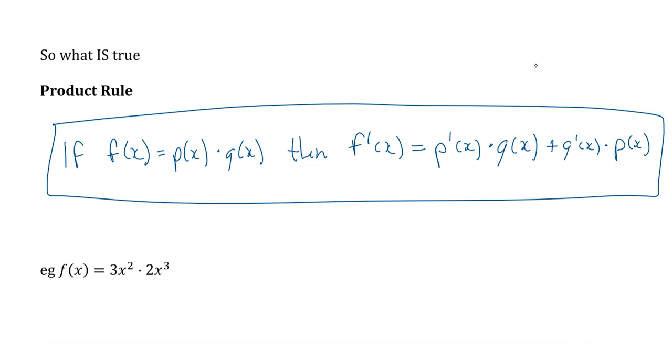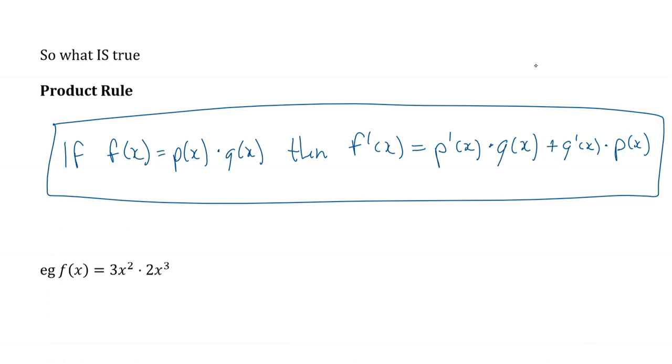So, f at x is the product of two things. p is the first, q is the second. The product rule says the derivative of a product is the derivative of the first thing times the second thing plus the derivative of the second thing times the first thing. That's usually how we think of it. You're adding, so order doesn't really matter, I guess.